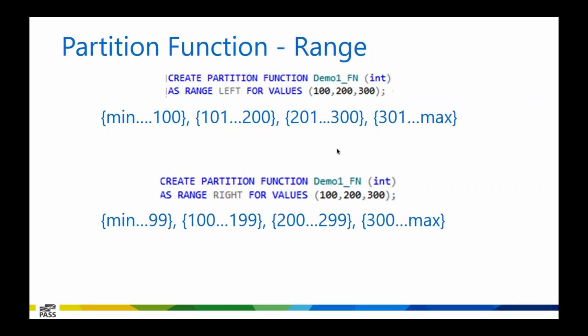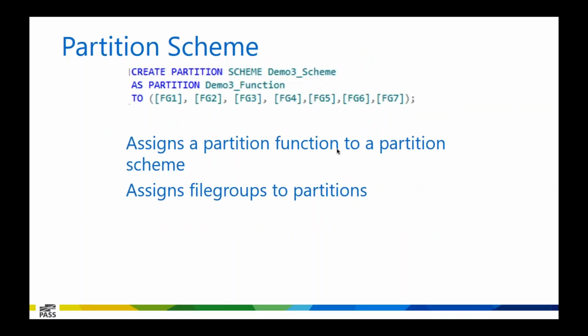And so the reason why 100, which is our first boundary value, is in partition 2 is because we're doing range right. So right means the boundary value goes in the right partition. And that's the big change there. So now our boundary value will be the first value in the partition on the right. So 100 is the first value for partition 2, 200 is the first value for partition 3. It's a key concept to understand.